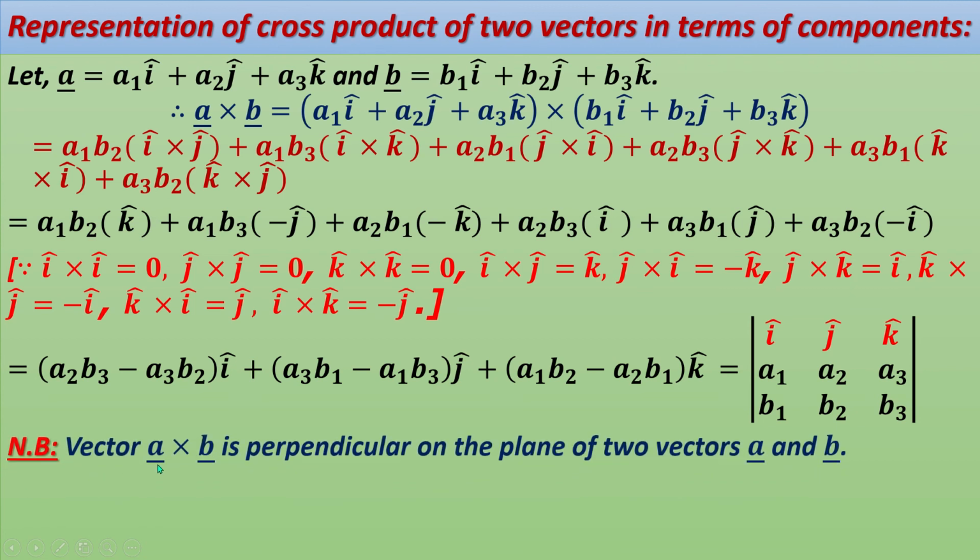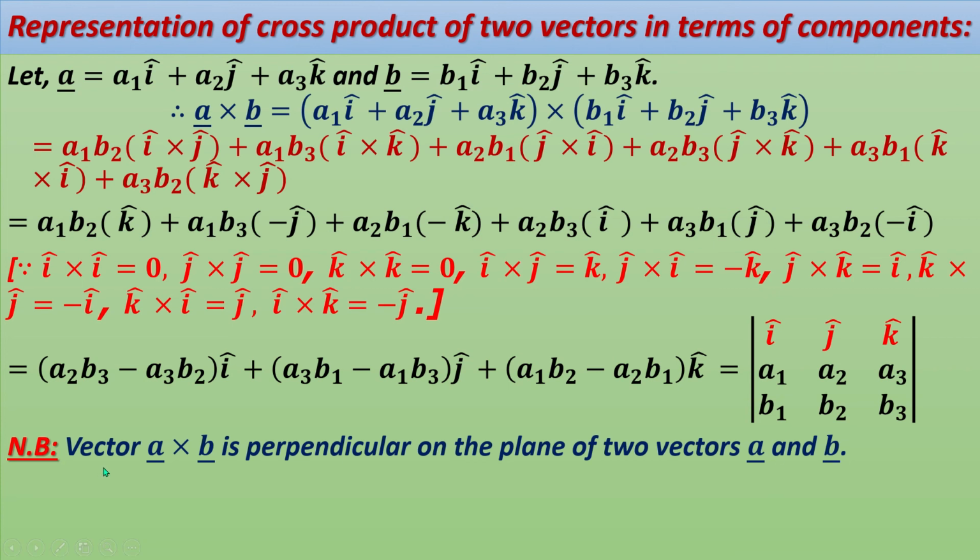Note that vector A cross B is a single vector. This single vector's direction will be perpendicular to the two vectors A and B. That means the vectors A and B lie on a plane, and the cross product of these two vectors has a direction perpendicular to the plane where A and B lie.